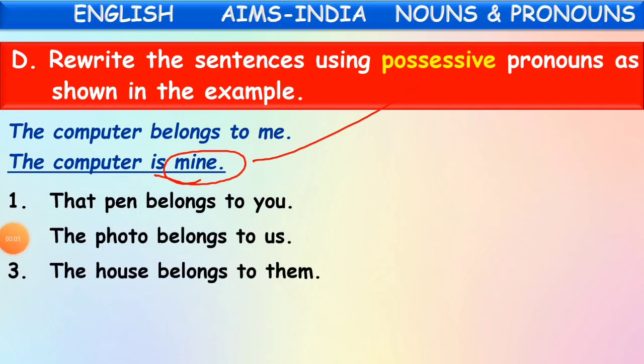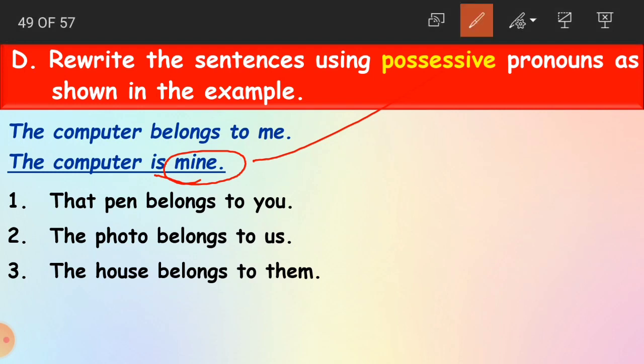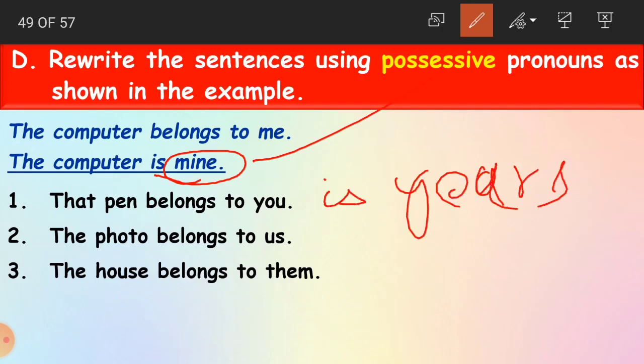Yes children? So if you say that pen belongs to you, that is, that pen is yours. So you becomes what? That pen is yours. We'll just erase this and write that pen is yours.